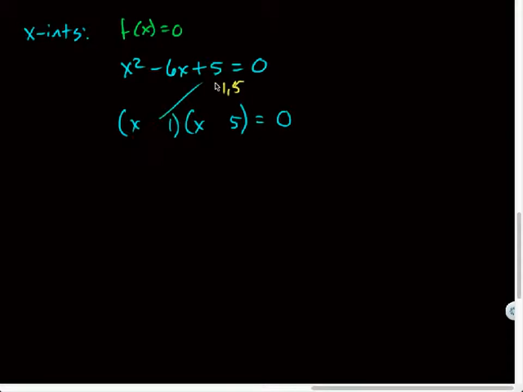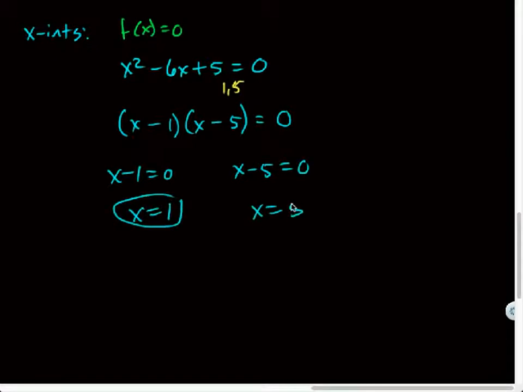Their signs have to be the same because they multiply to be positive. So it's either plus plus or minus minus, but they add to be negative, so it must be minus minus. And now what I would do is set each of those equal to 0 and solve. So x equals 1 or x equals 5 are my solutions, or x-intercepts.